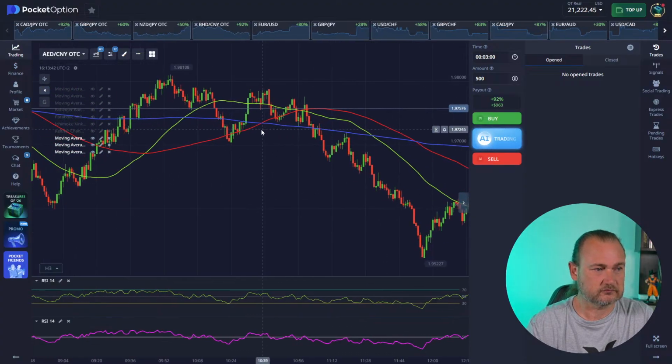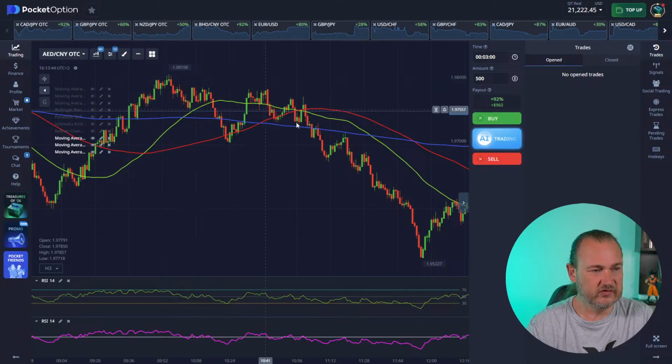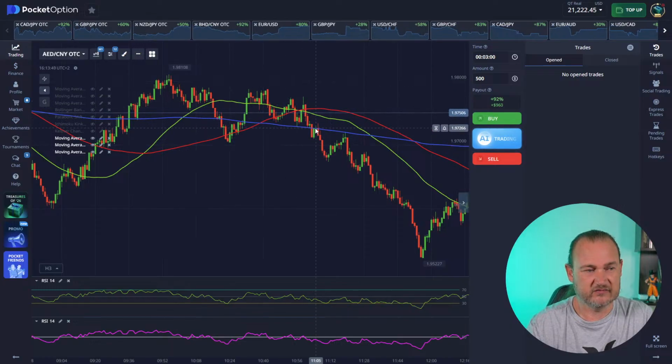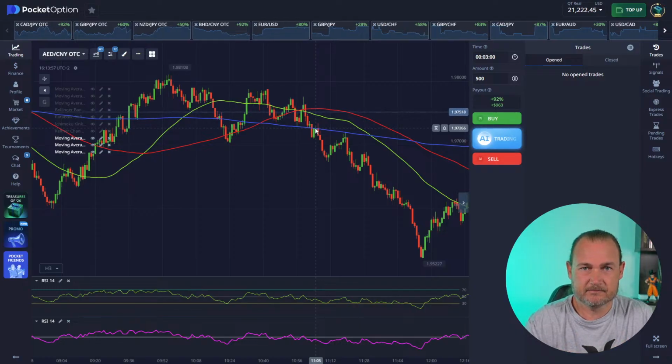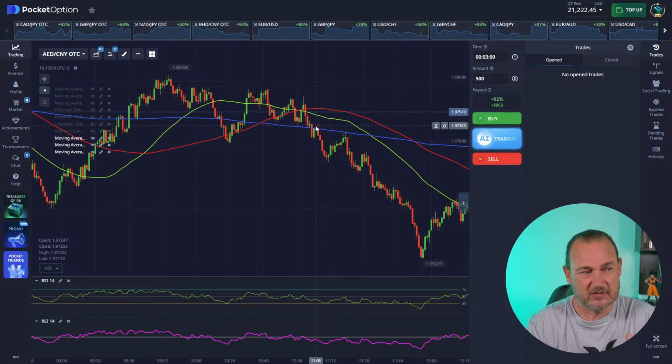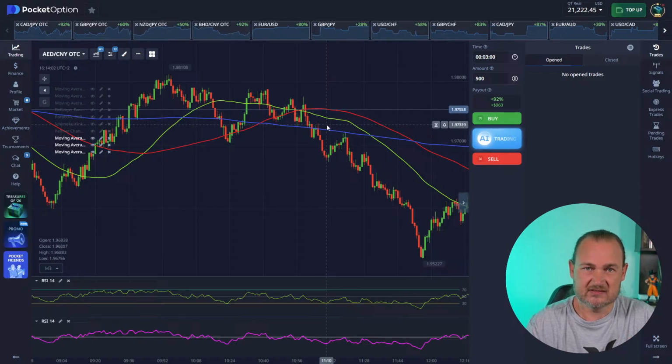Now, if we take this example here, we were moving in a downwards direction. We broke through the 200 moving average. Keep in mind, while we're doing this, we are using the moving averages as dynamic support and resistance areas. That's important. So the moving average is a support and resistance area.